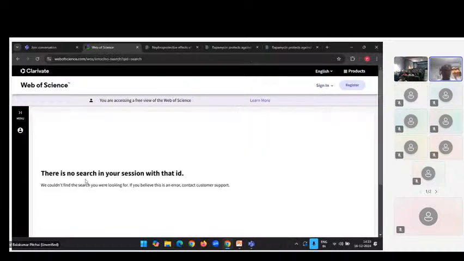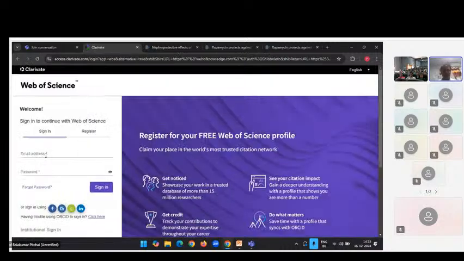Okay, there is no session with that ID. Let me sign in. Anyone can sign in. You can also open and register by yourself. So I enter my email ID, and I'm entering the password which I have generated. Now sign in.